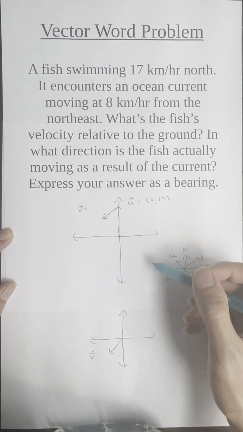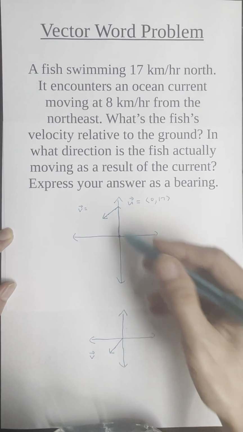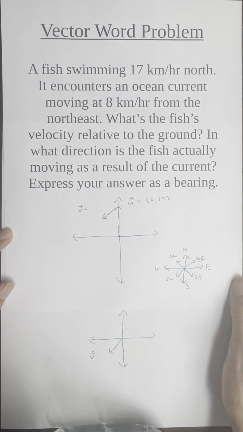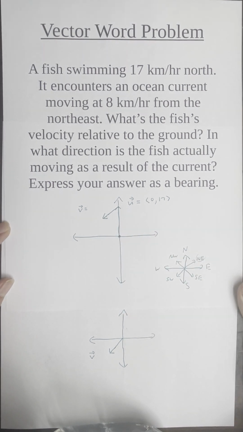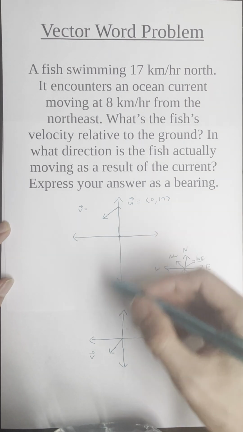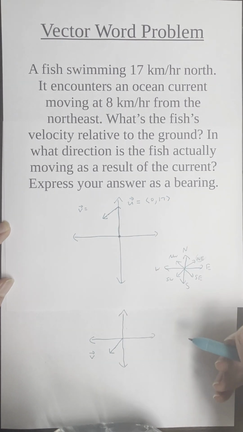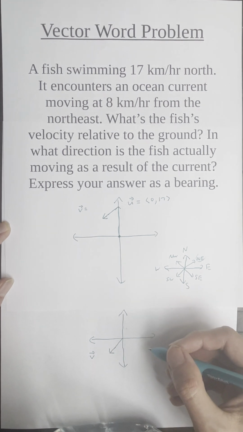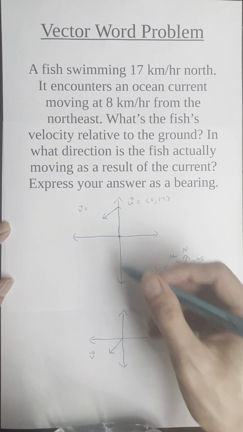To make it easier to find the components, but these are the same vectors. Why are they the same vectors? They're the same vectors because we don't care about the starting point. We only care about the direction that we're moving in, as well as the magnitude.